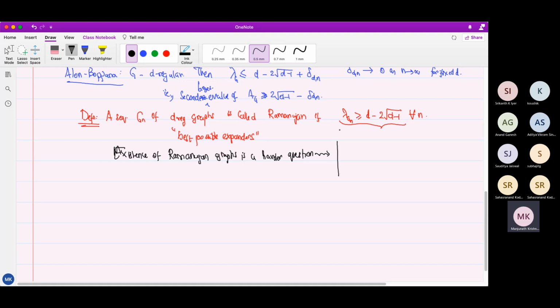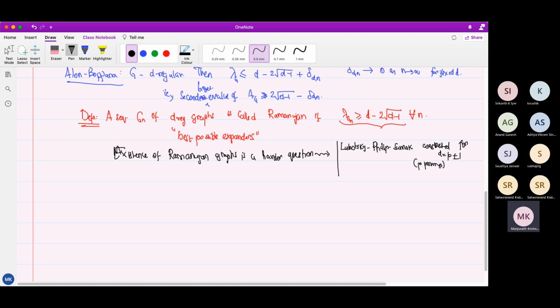So the reason is, it was first done by Lubotsky, Philips and Sarnak. So they constructed it for d equal to a prime number, or prime number plus 1 or minus 1 or something.